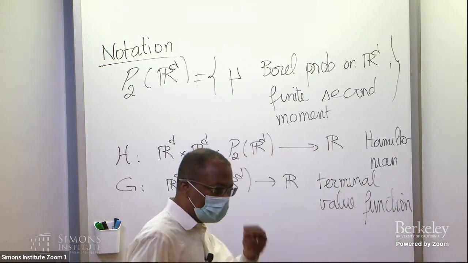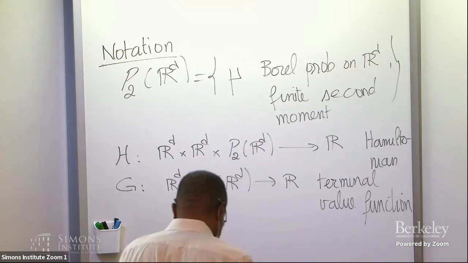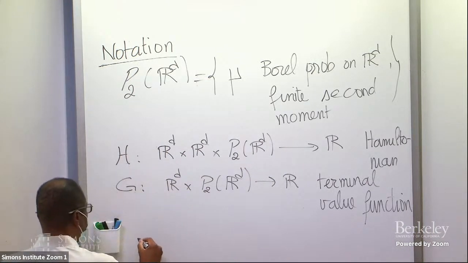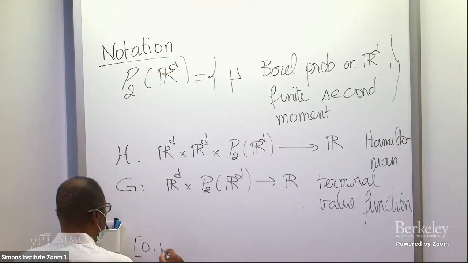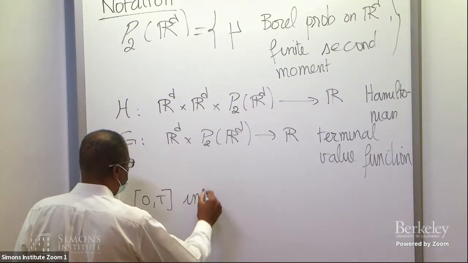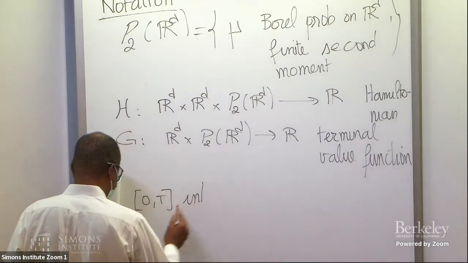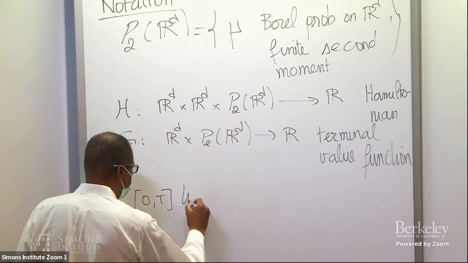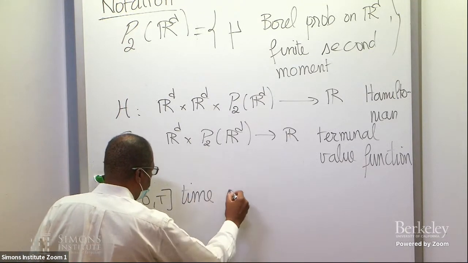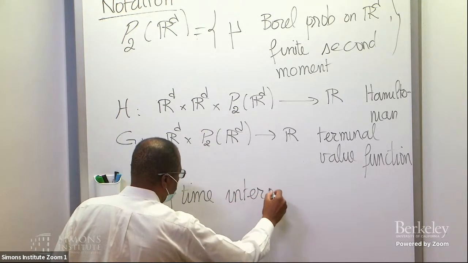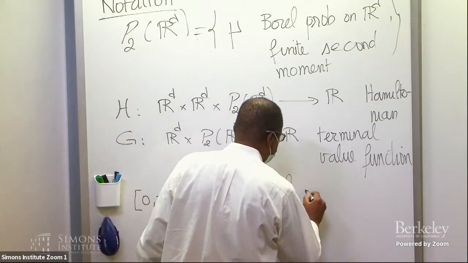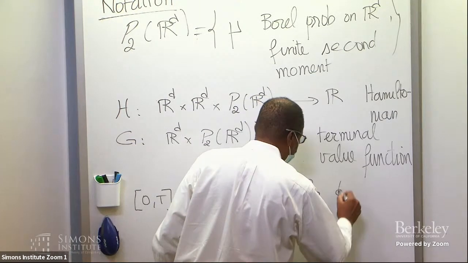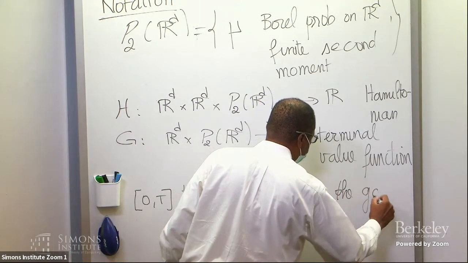So it will be a terminal value function at time T. So 0T is a time interval during which the game will be played.